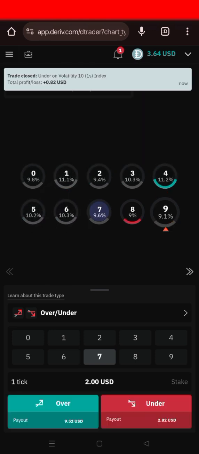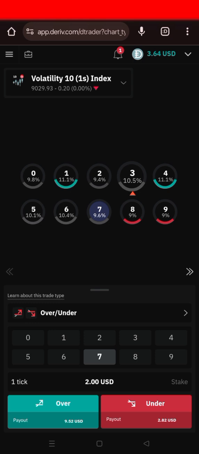Whenever it touches the digit 7, 8 or 9 2 times, so that you can understand, when it touches digit 7, 8, 9 2 times or in between the 3 numbers, you purchase under. I hope we are together.